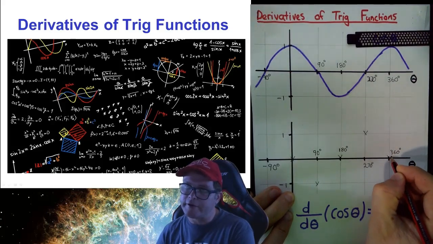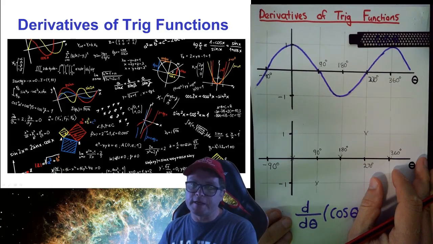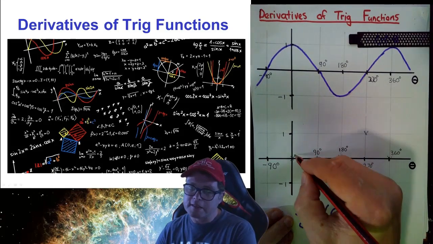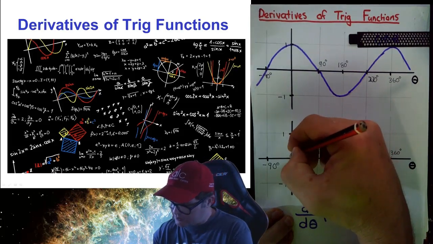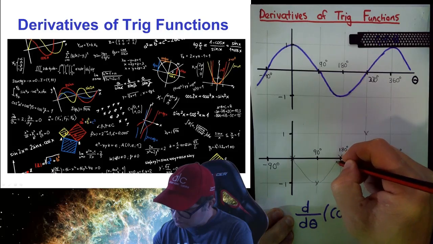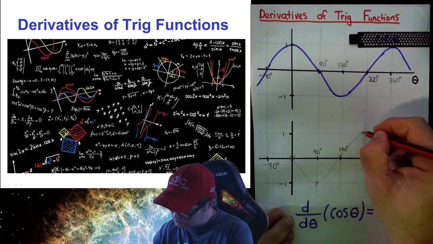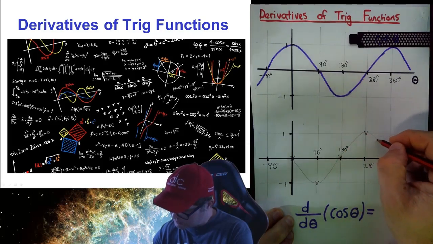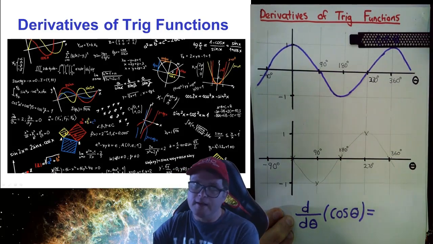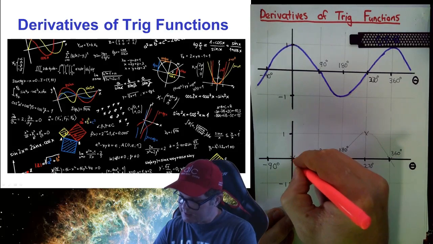So as before, we connect up all these points, and what we get is a graph that looks like this. Looks like this, right? Let me just put this in color again.